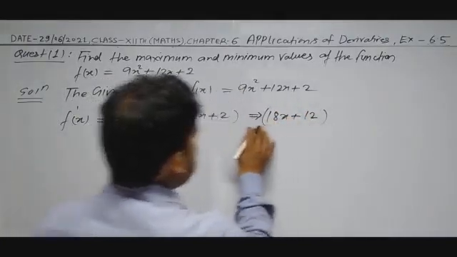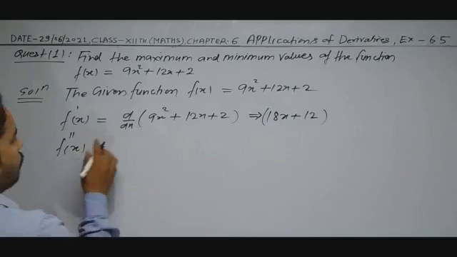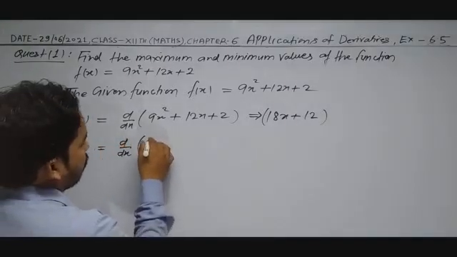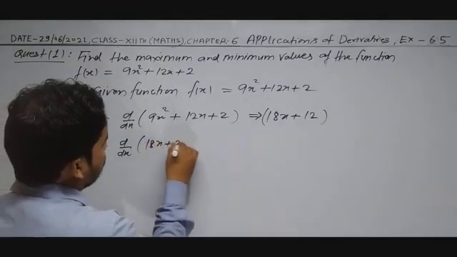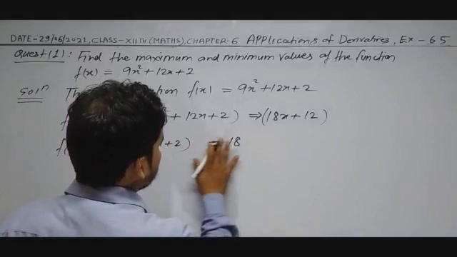So this is the differentiation, and again differentiate this, means successive differentiation, d/dx of 18x + 12. Now you will get 18.